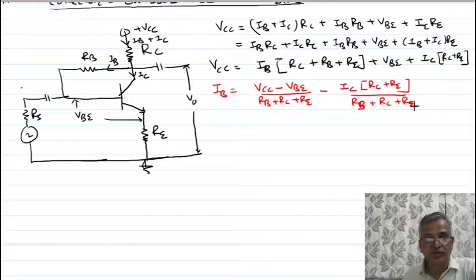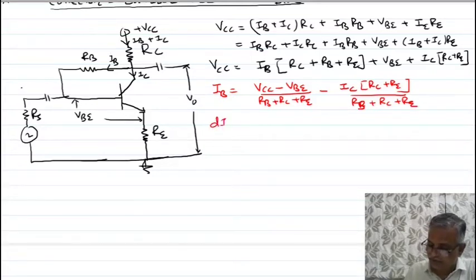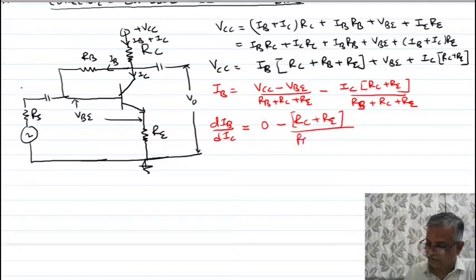Already I told you in a previous lecture, if you want to find the stability factor S, first you have to find the base current, then do the differentiation. I am doing the differentiation of base current with respect to collector current. So 0, this does not have collector current, then (RC plus RE) upon (RB plus RC plus RE).